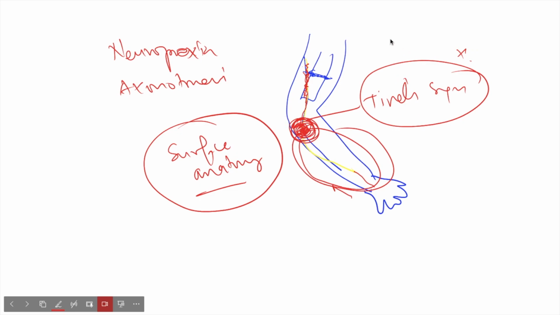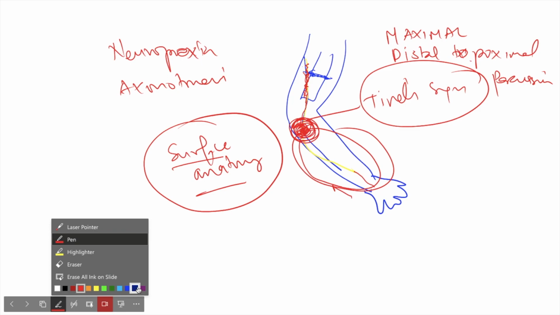So you must remember the important term here is maximal. All the terms are very important. Maximal, distal to proximal, percussion, and surface anatomy. Each of these terms is very important.